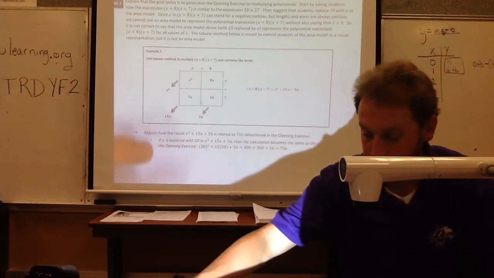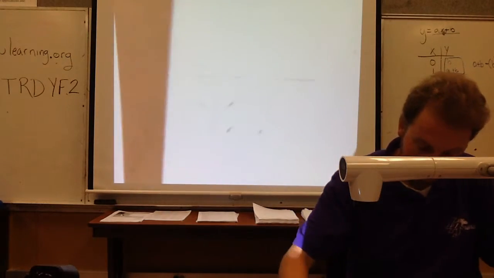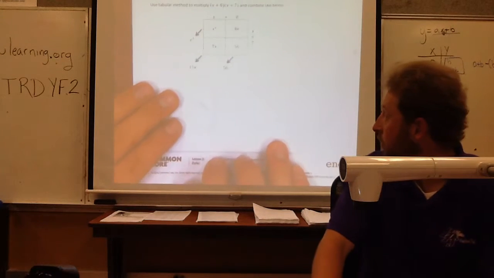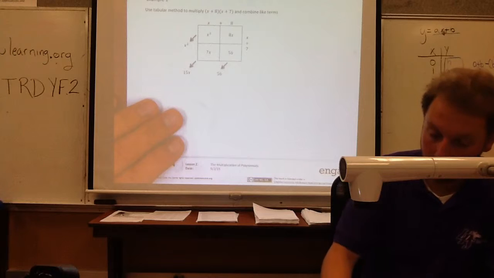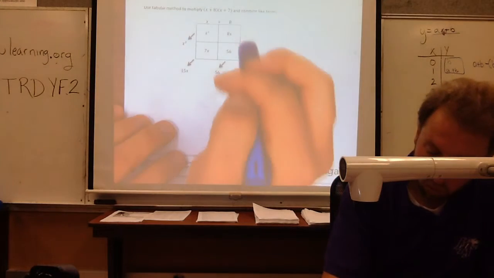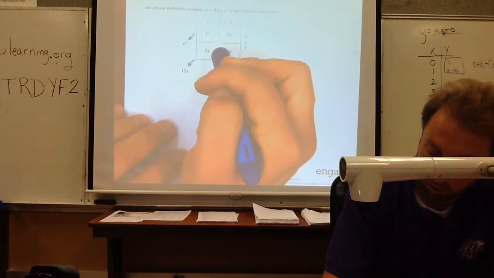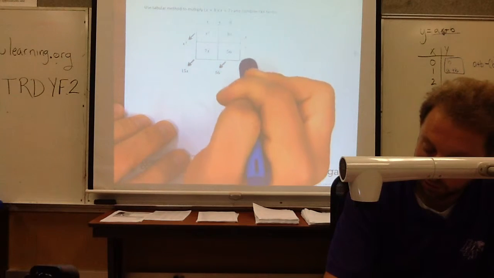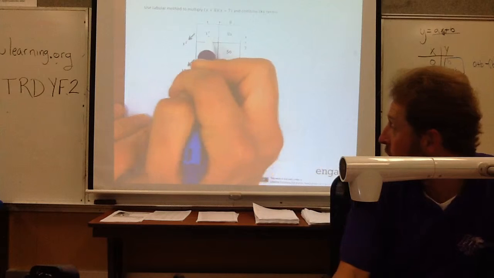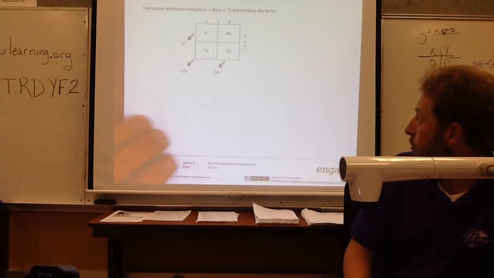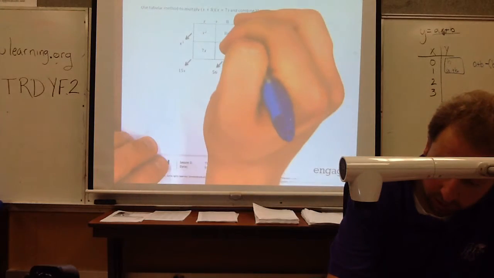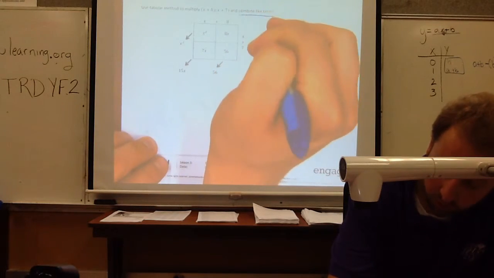So, they've already done the hard part for us. They've put the terms in the proper place. They've done the multiplication. So, what's left is to combine like terms.